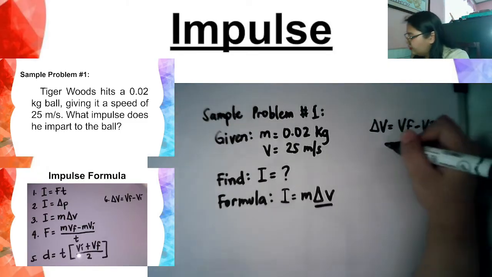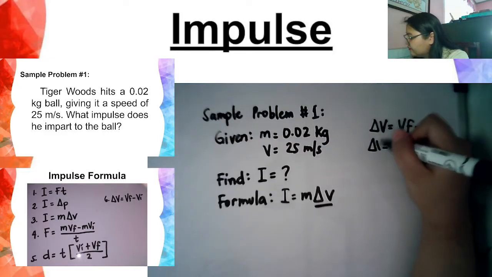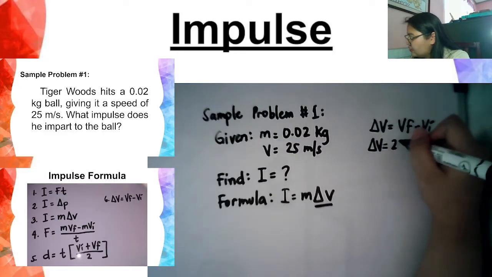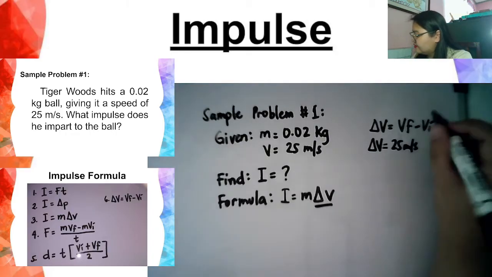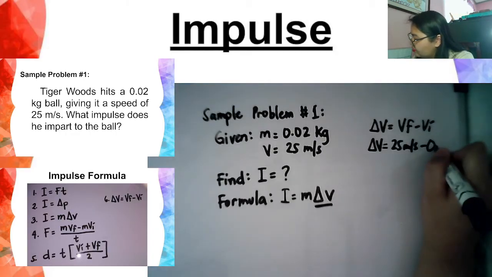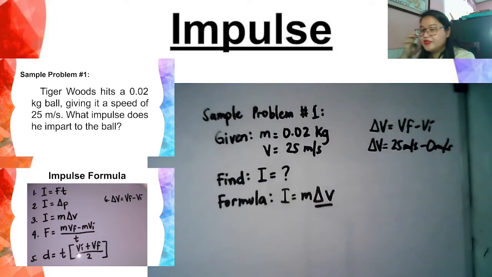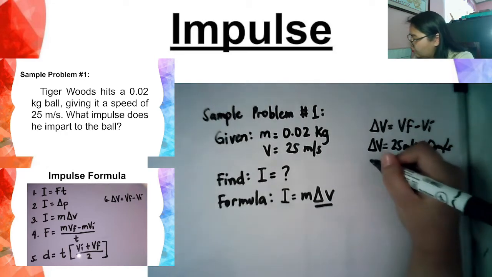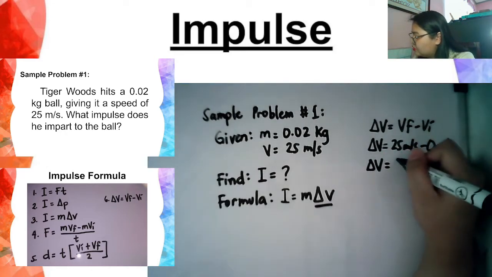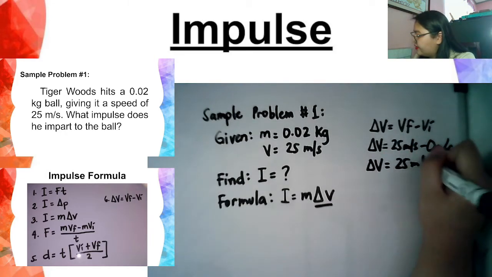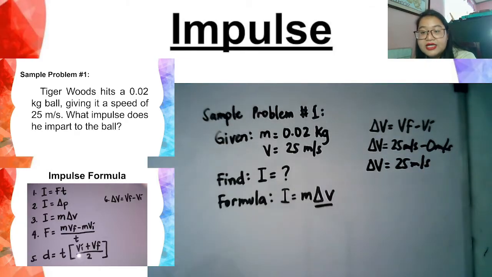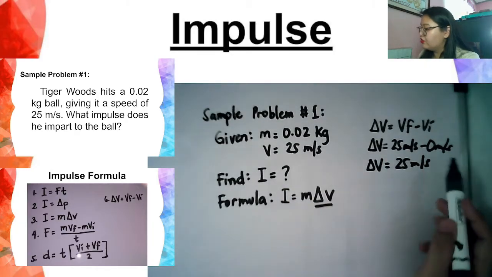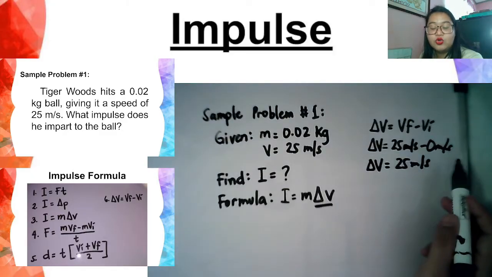So, we have here delta V. So, the final velocity is 25 meter per second minus 0 meter per second. Okay. Now, since 0 naman yan, so pag minus natin 25 minus 0, you will still be getting 25 meter per second.